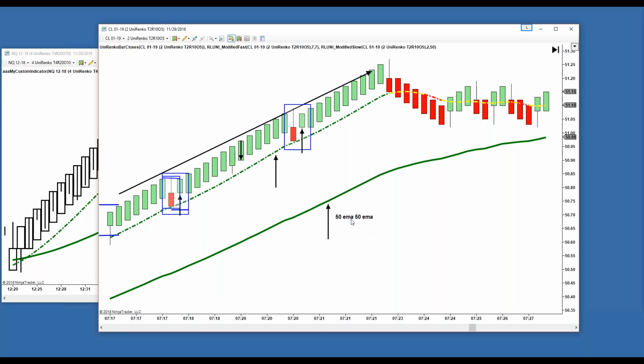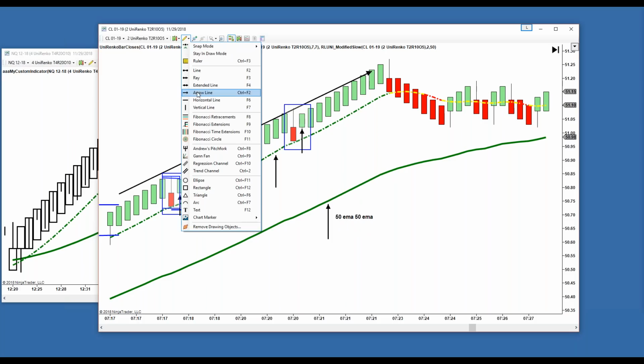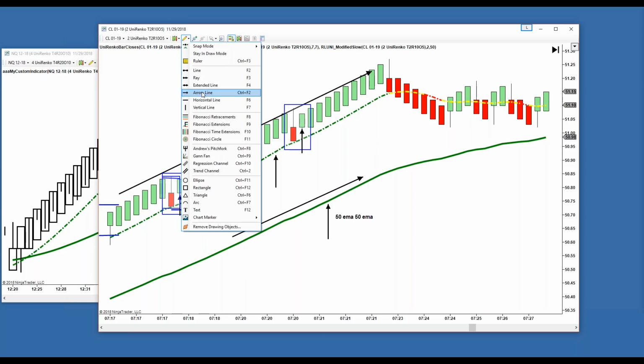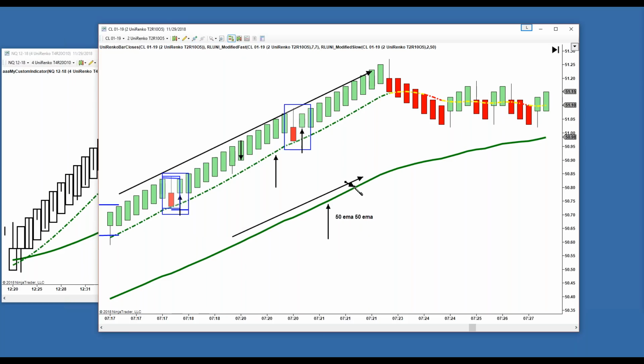So the 50 EMA of a 50 EMA provides this line with the speed of a 50 EMA, but makes it a lot smoother. A bare 50 EMA gets jerked around a lot by price. I never like that.